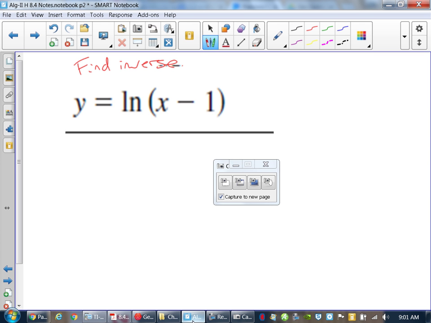So if I want to find inverses of a natural log, this is why we have natural logs and log base e's, so they can undo one another. If I want to find the inverse of this, we do the exact same thing. We start by flip-flopping x's and y's.